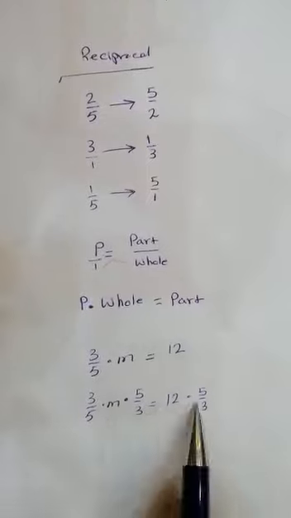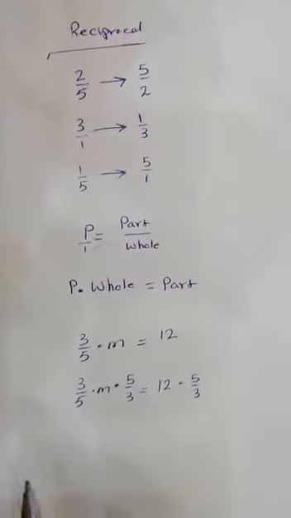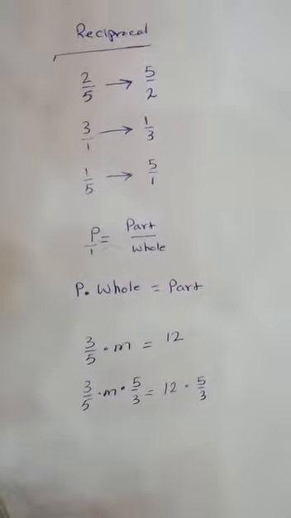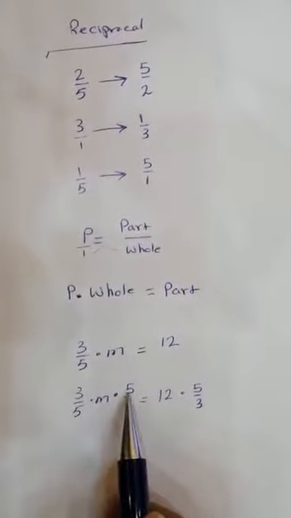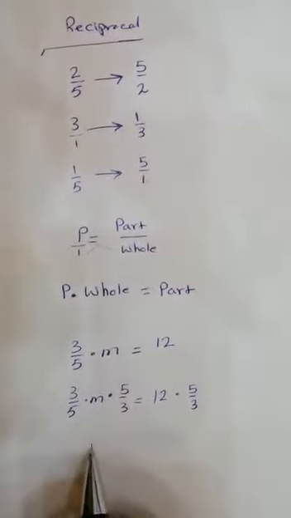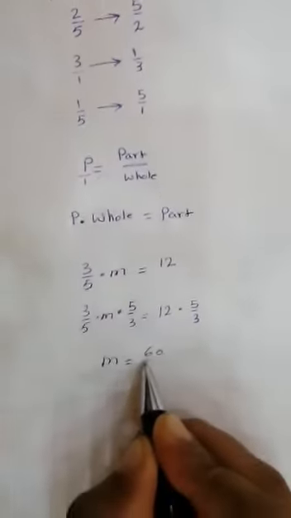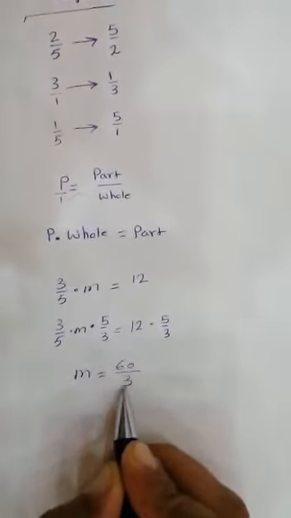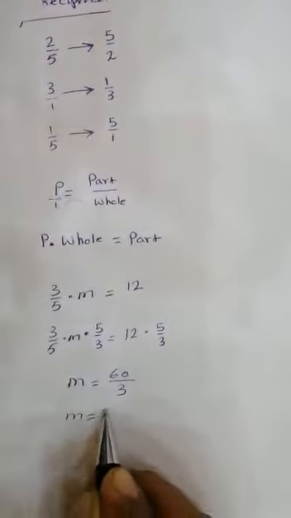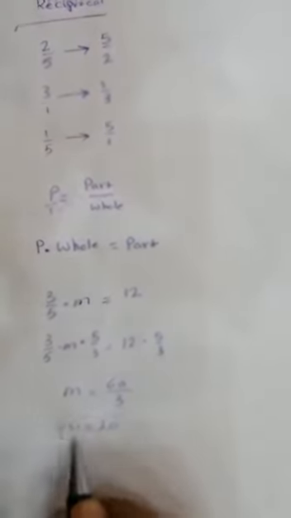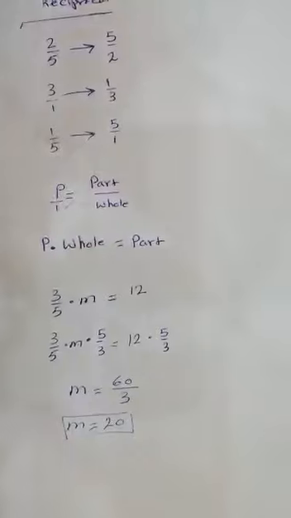We must multiply both sides by the same number to keep the equation balanced, okay? Now any fraction multiplied by its reciprocal will be 1. Then m equals 12 times 5, which is 60 out of 3. m equals 20. Then here m is 20, okay?